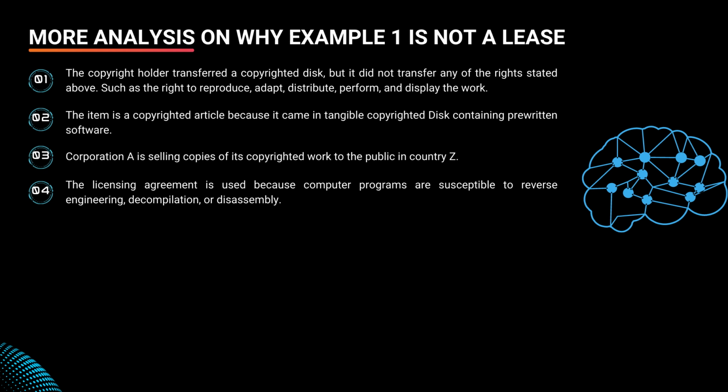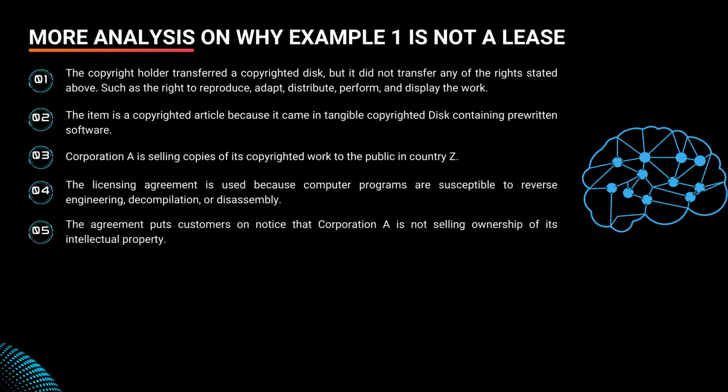If I have a computer program, I put it on a disk and I sell it to you, one of the greatest worries I will have is that you may want to reverse engineer, or decompile, or create a duplicate of that software and call it your own. So it's very important that I put it in the license agreement that there is a restriction on what you can do with this disk.